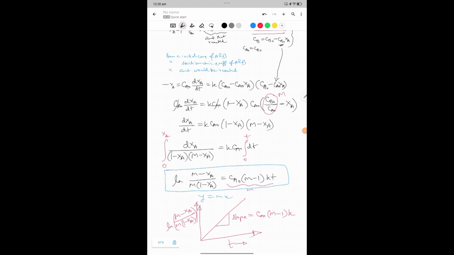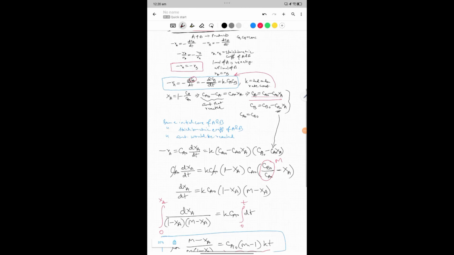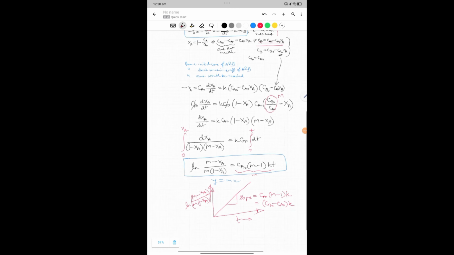If you want to put the value of m, specifically the slope will be (CB0 minus CA0) into k. So this is all about the irreversible bimolecular second order reaction when you have two different reactants A and B.